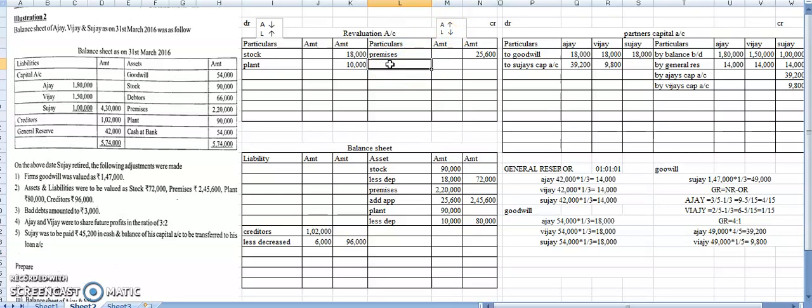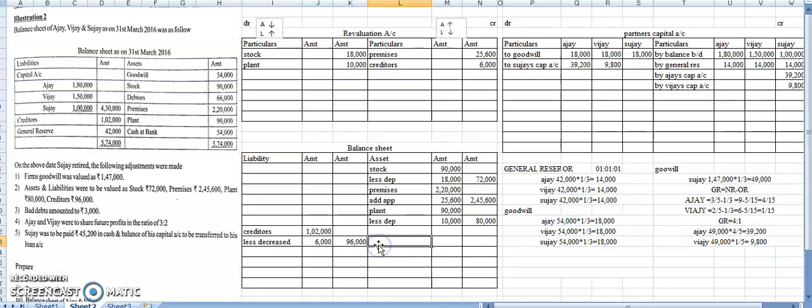Creditors and decrease in the value, that is 6,000. I need to write here. I'm writing it here. 6,000. This formula is given. Increase in the value of asset, decrease in the value of liability. Decrease in the value of asset, increase in the value of liability.